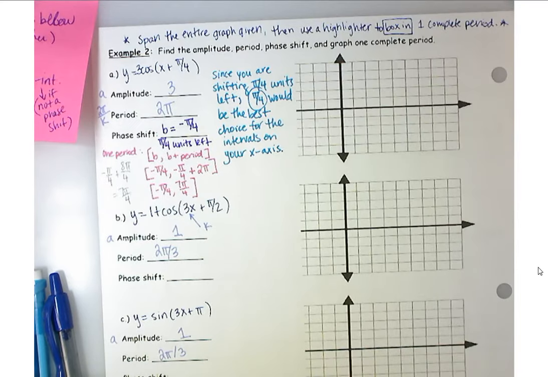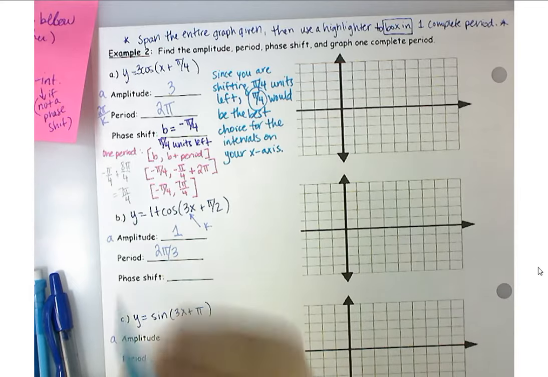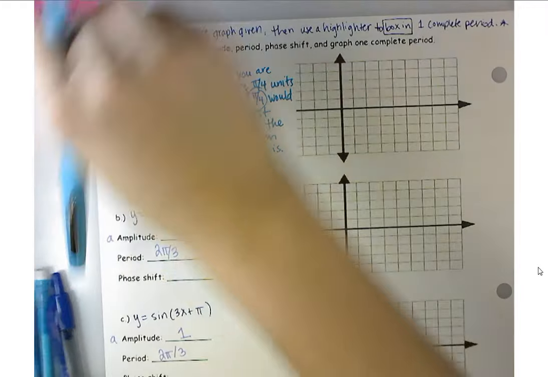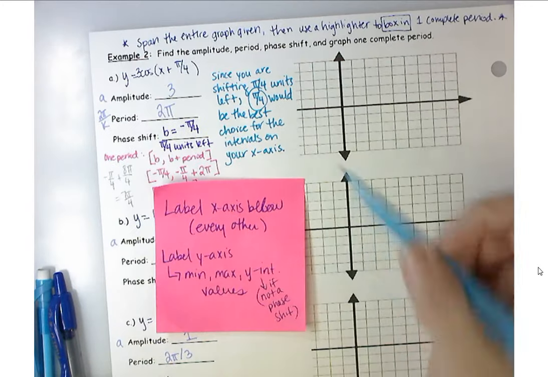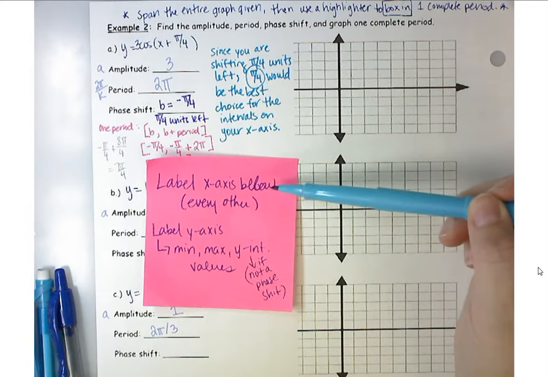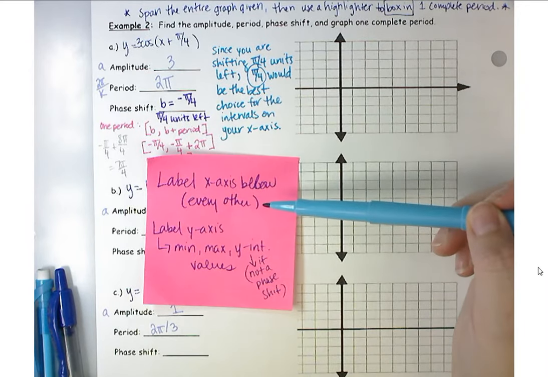Right, so when you're doing pi over 4, we're just going to be counting. And when you're counting, you can do every other one. So remember from yesterday, here were our labeling rules. You label the x-axis below, at the very least, label every other one.